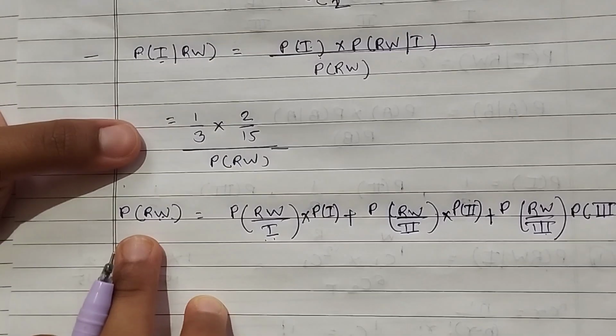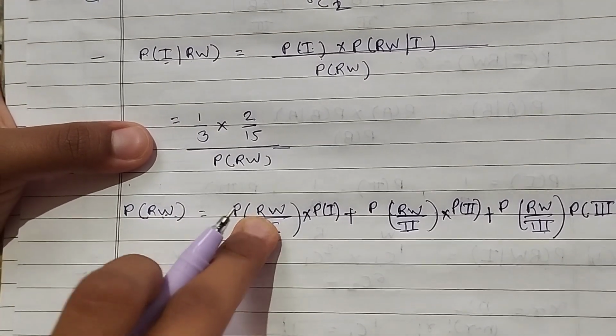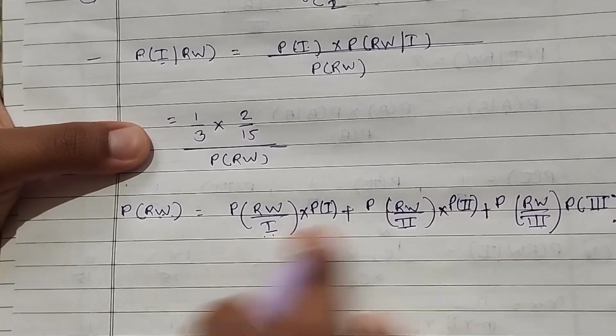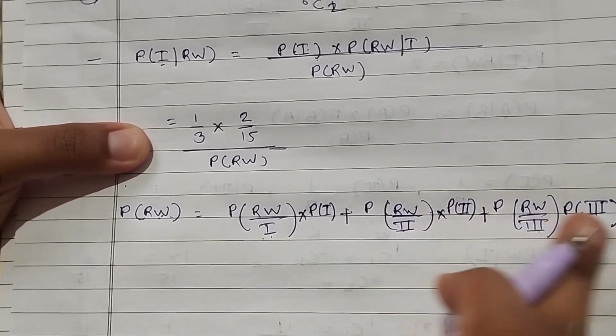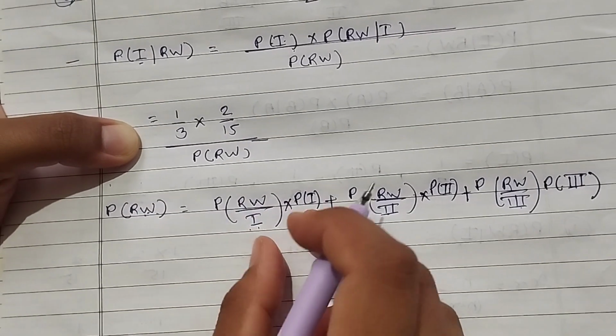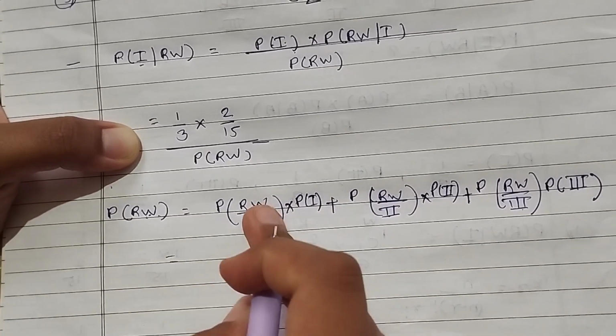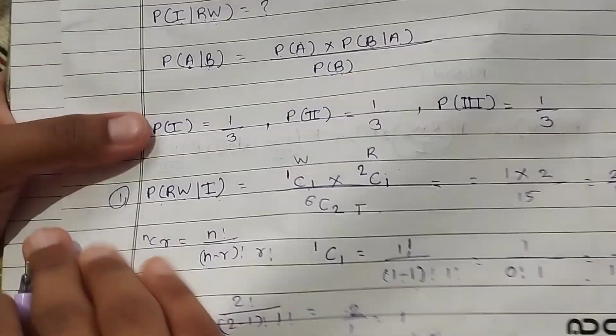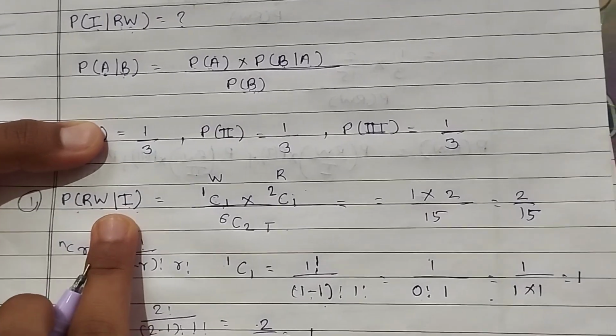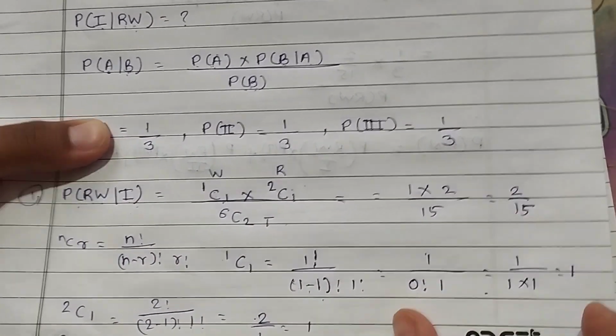Now here we want to find out RW, so all the terms related to RW write as it is and multiply each term one by one, and just put in each value. We have RW with respect to first, which is 2 by 15.